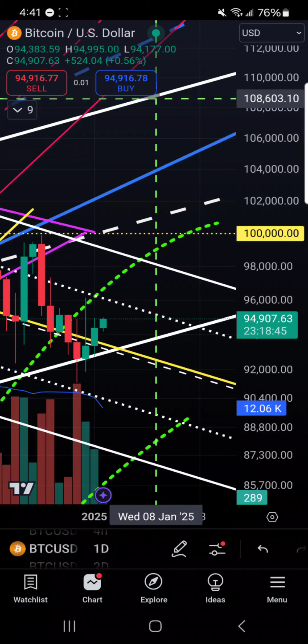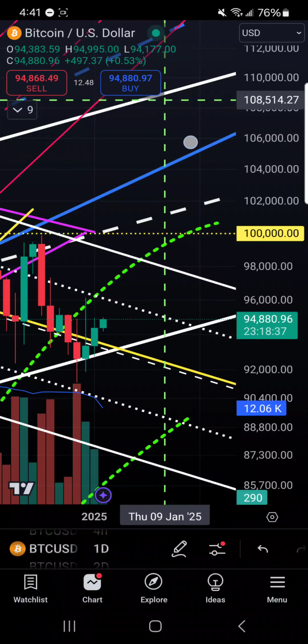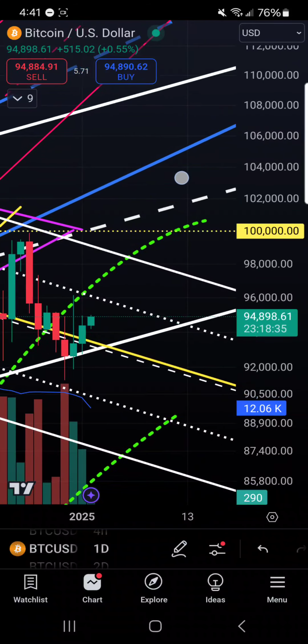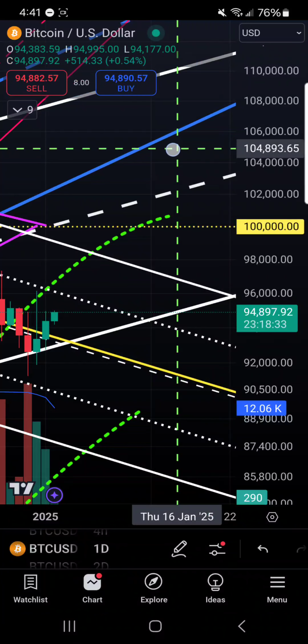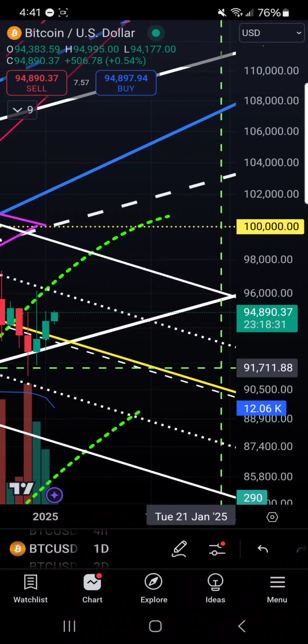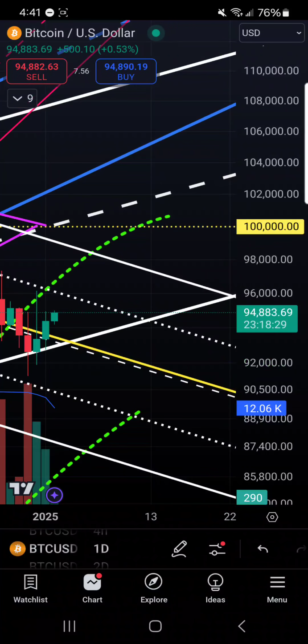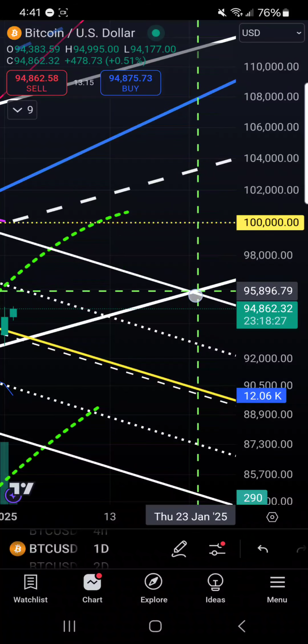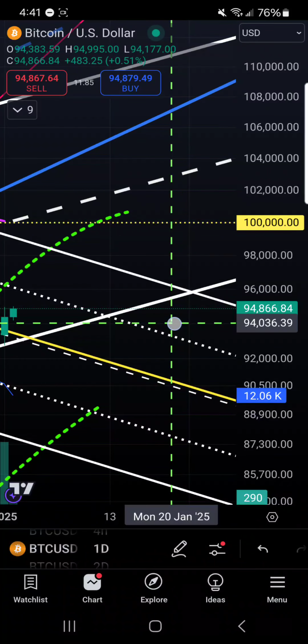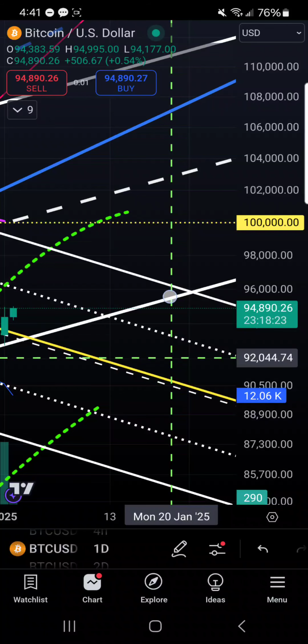So I think over the course of the next week, we will see a significant rally, and then a pullback down to where we are at now, heading around into the inauguration, down to about 91,000.